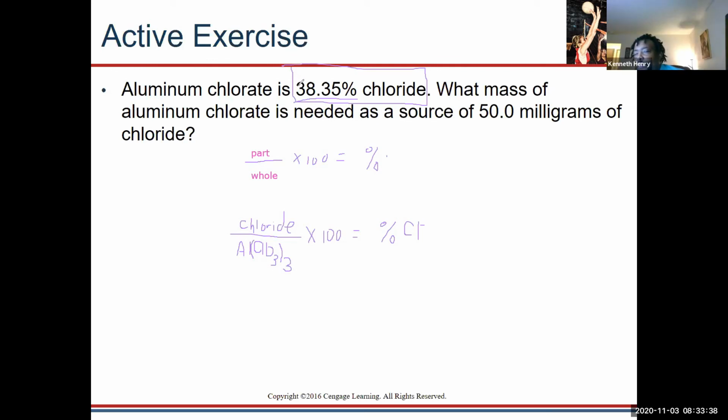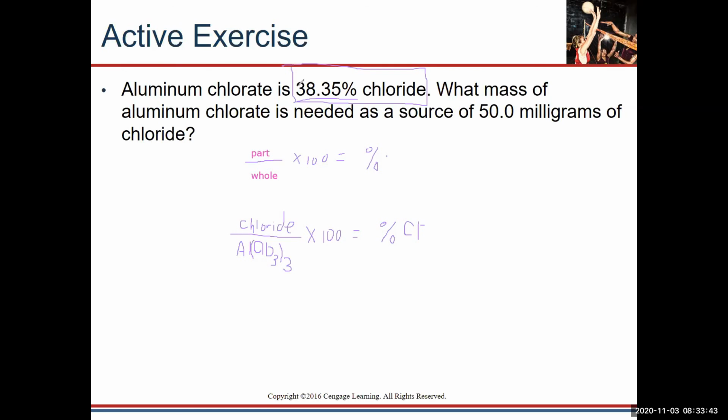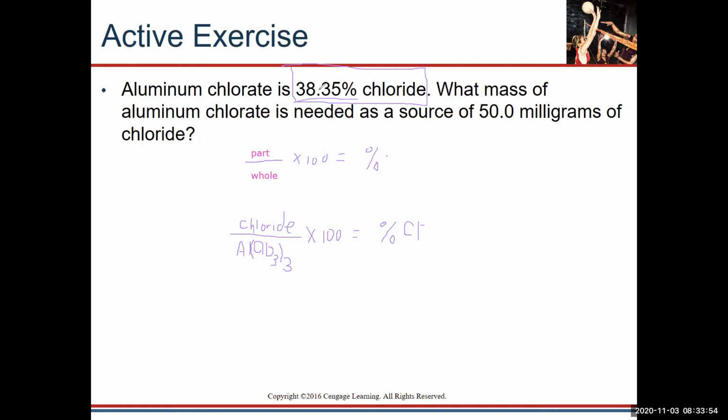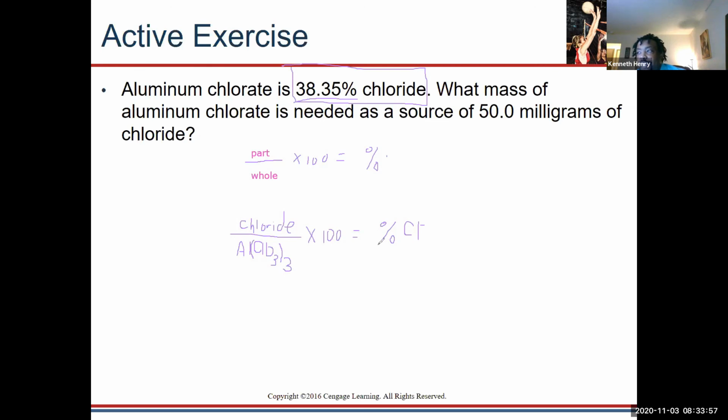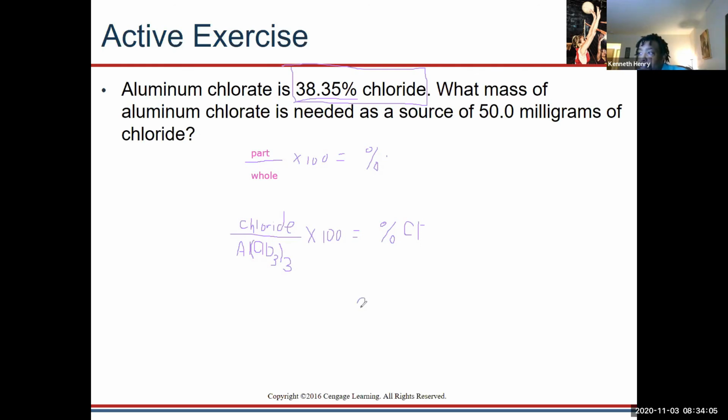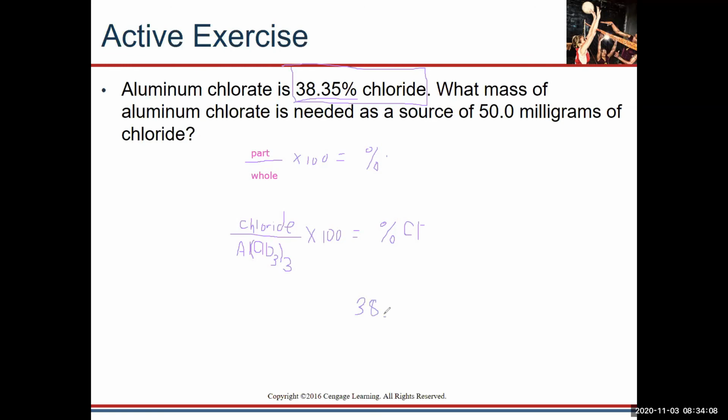So Diego, are you telling me that this 38.35 is my percent chloride in the aluminum chlorate? Yes. Okay, so we can plug it into that equation, right? Yes. Okay.